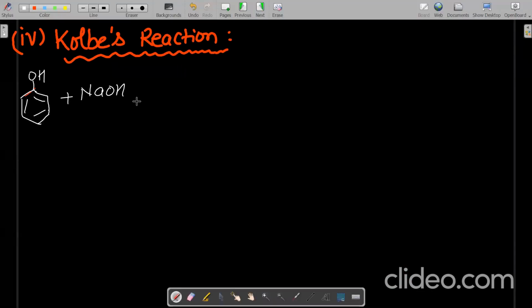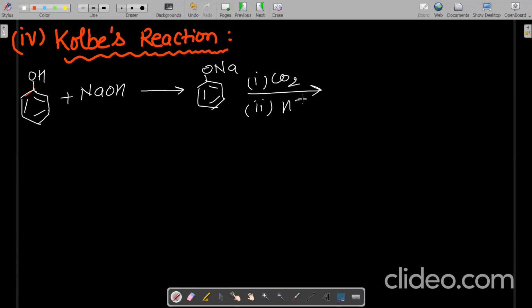Now you can see phenol reacts with sodium hydroxide. In this case also, first phenol reacts with sodium hydroxide to form sodium phenoxide. And this sodium phenoxide further reacts with CO2, which is further acidified to form salicylic acid.